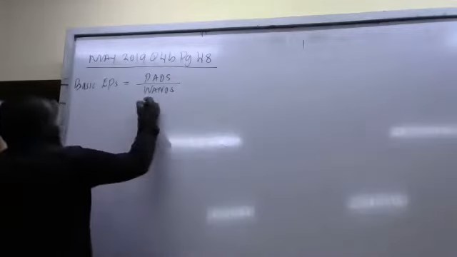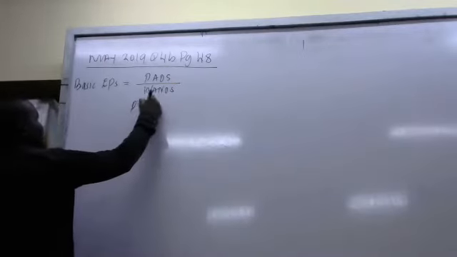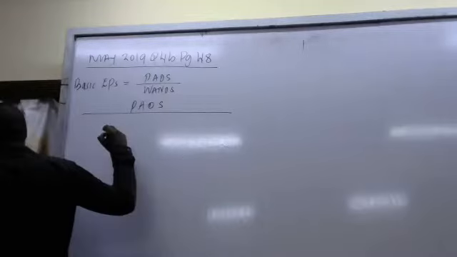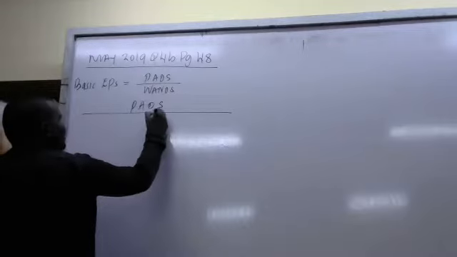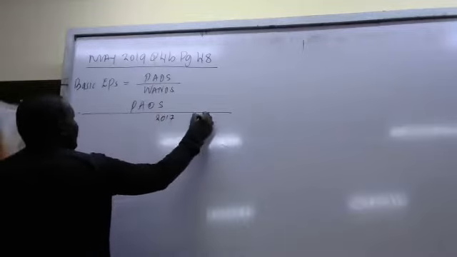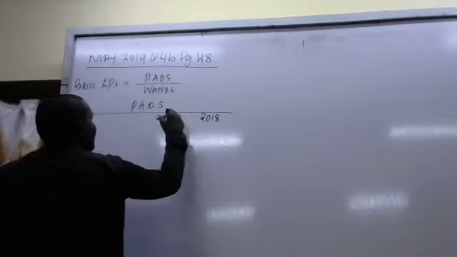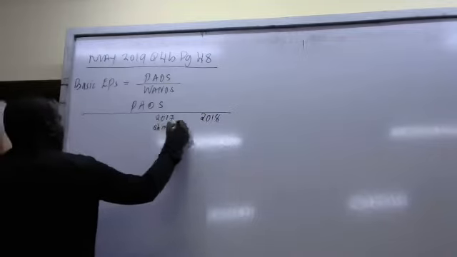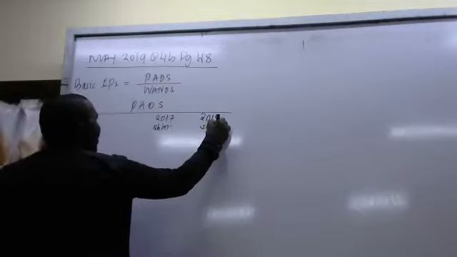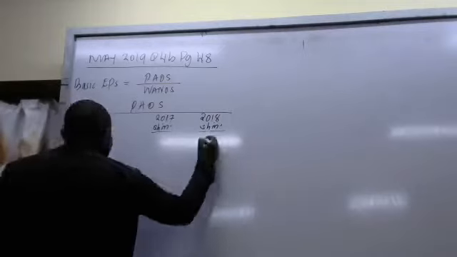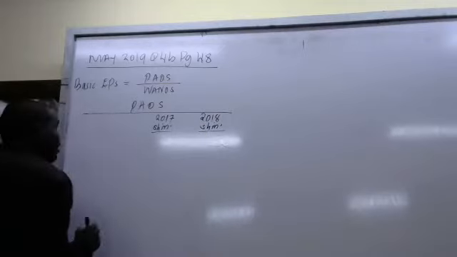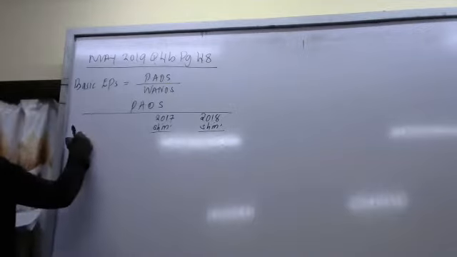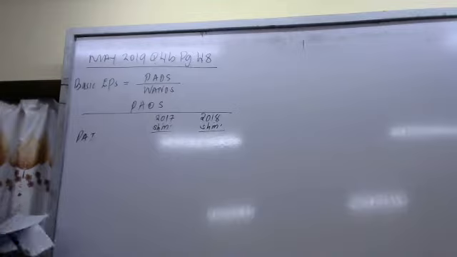So let's start with the profit computation. Profit attributable to ordinary shareholders for 2017 and 2018. Consider PAT, the reported profit after tax.